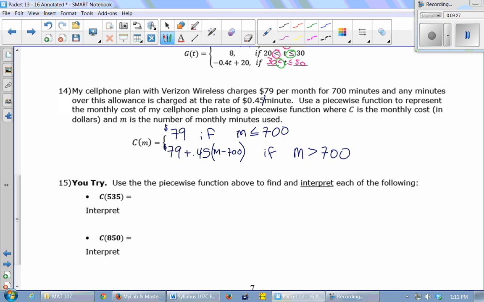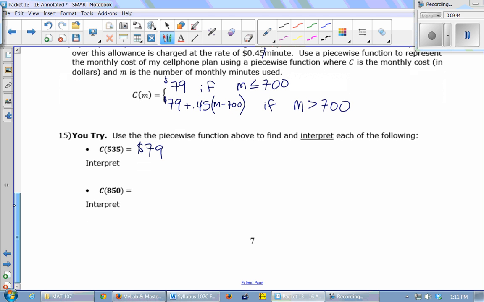So let's say I want to find the cost for 535 minutes. What is C of 535? $79. It's under 700 minutes, so $79. So C of 535 equals $79.